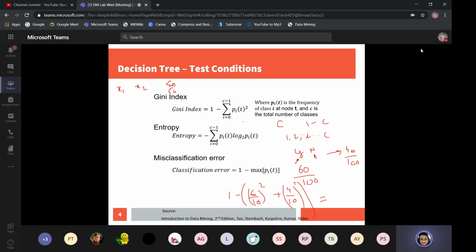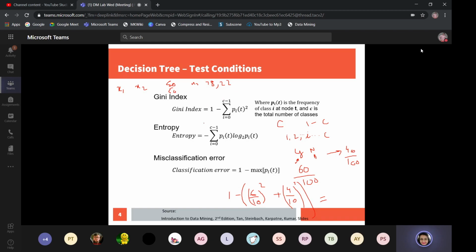So it would give you some value. And if x3 was giving you 78, I think that's what we did, 22, then you would say 1 minus 78 by 100 square plus 22 by 100 square. So you will get some value, and whatever is giving you the maximum, you will pick that.